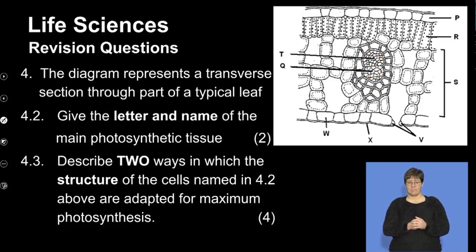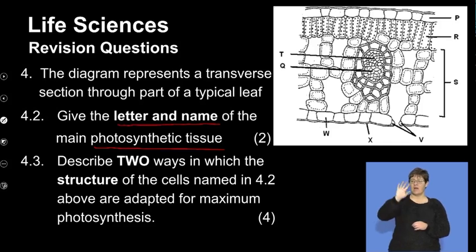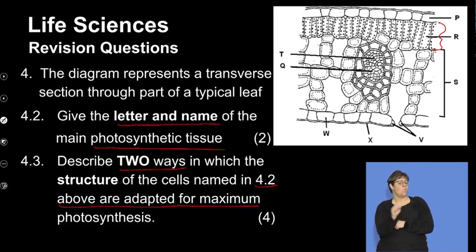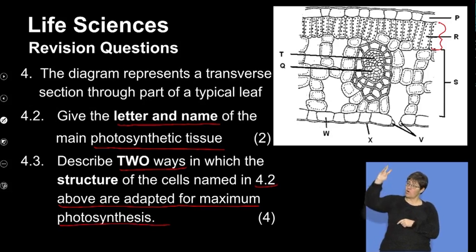Then, next you have to give the letter and name of the main photosynthetic tissue. The main photosynthetic tissue here is R, which is the palisade mesophyll. Then it takes you further because you now have to describe 2 ways in which these cells are adapted for maximum photosynthesis, for 4 marks.